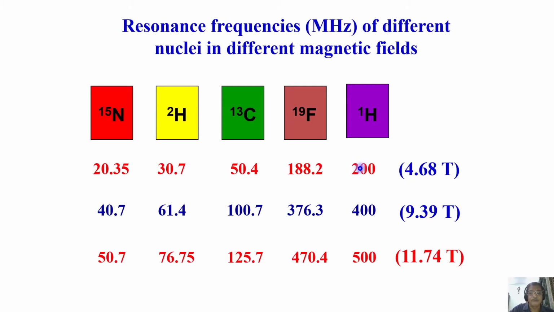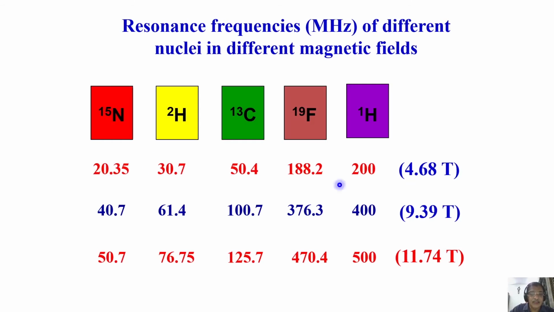Supposing if I go below, let us say at 50 megahertz or 100 megahertz, the detection of such nuclei, or even lower resonating frequencies like silver or ruthenium, such nuclei whose resonating frequency is much smaller, maybe at 5 or 10 megahertz, less than that.